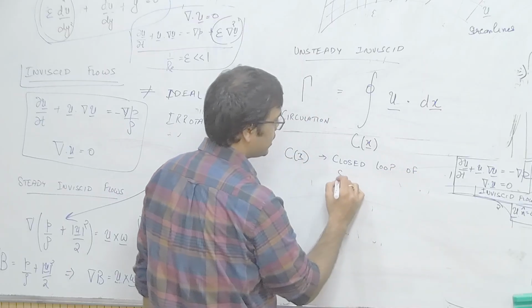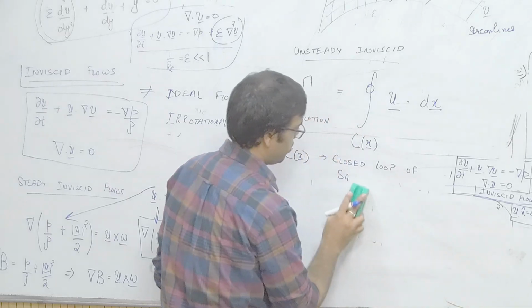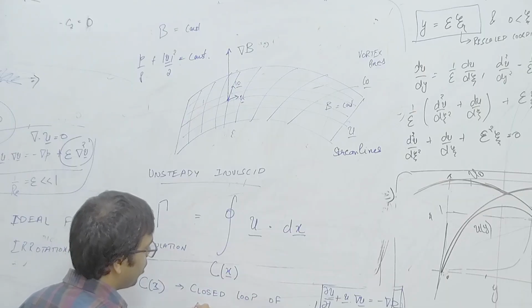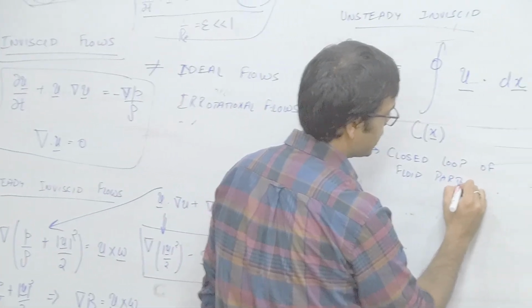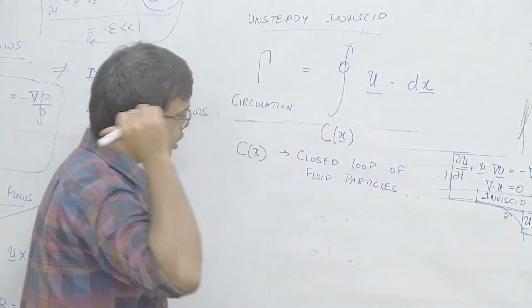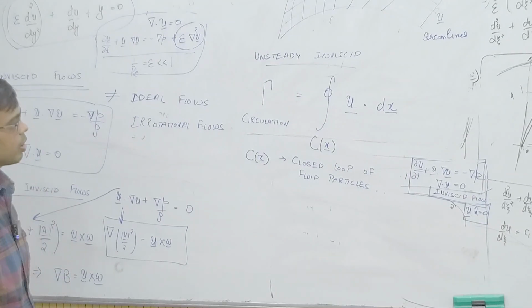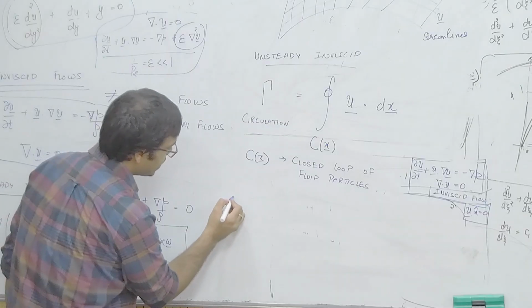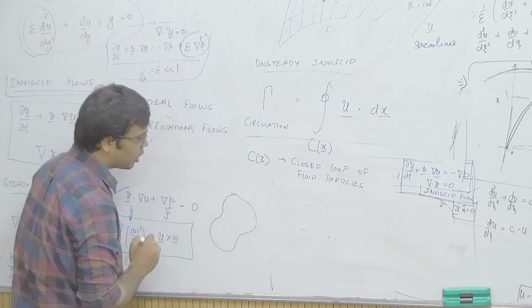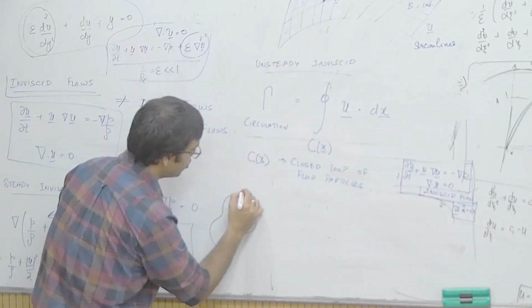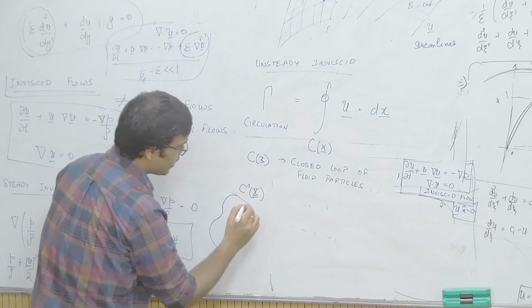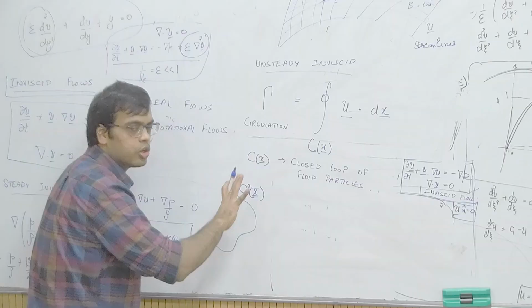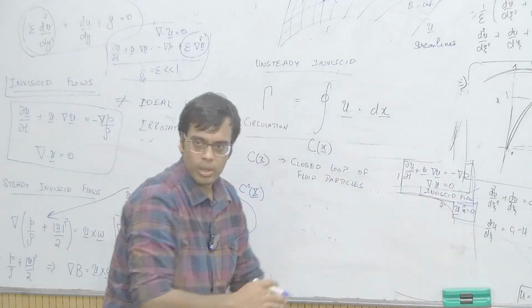where C of x is a closed loop of fluid particles. So what I am trying to say is that, reverting back to our discussion on continuum kinematics, let us say in the initial configuration this is a closed loop, this is not a 3D body, this is a closed loop, let us call it C naught of capital X. As the fluid flows, this loop is going to deform, tumble around and do a lot of things.